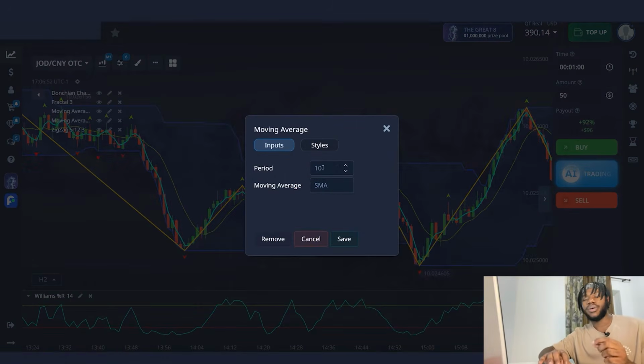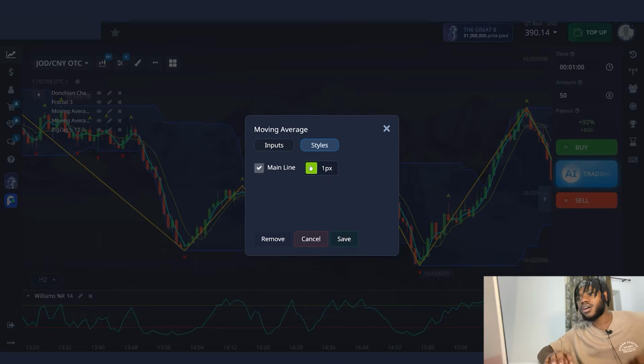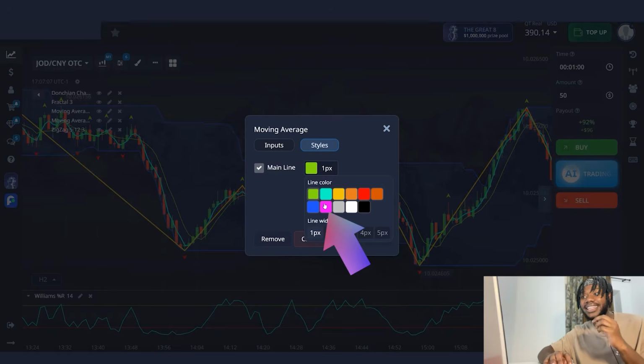Okay, good. Now, I'm changing the period for the second moving average to 7. The color of this line will be purple and I will also increase the thickness.